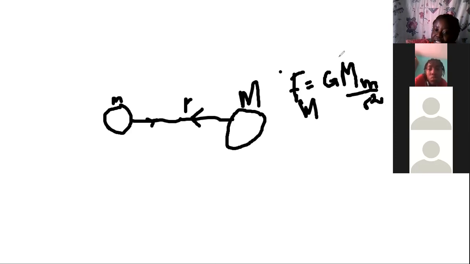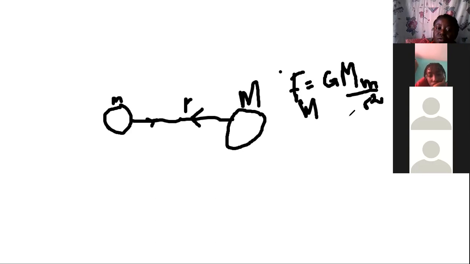If you increase the masses of the two objects, then the force also increases. And we'll see what happens if you increase or decrease the radius.